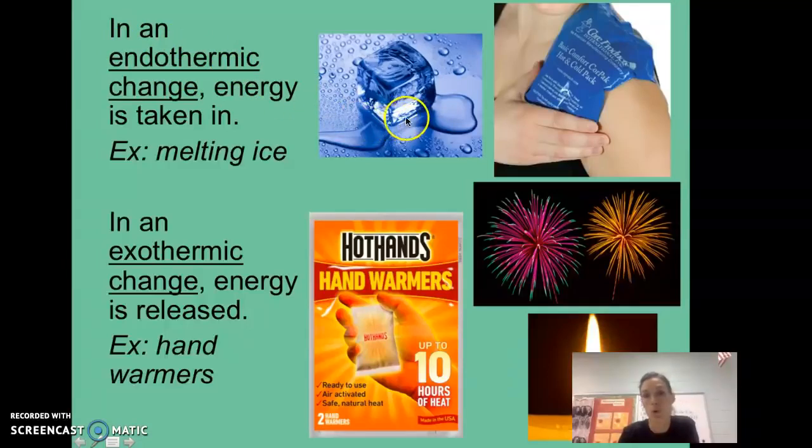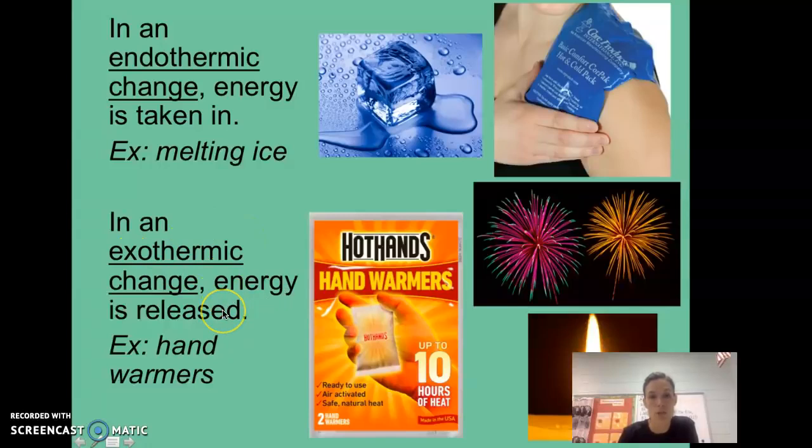So it's going to feel cold. Energy is taken in, the heat is within, and so it is going to feel cold. An ice pack, if we put that on a sore muscle or something like that, is endothermic, and we end up feeling cold from the cold pack.